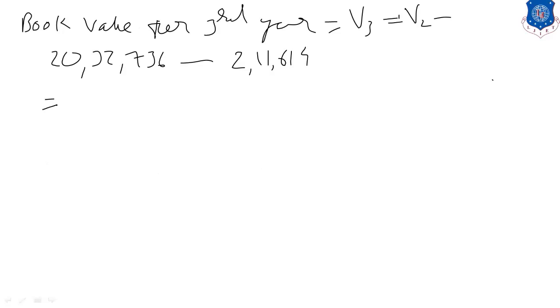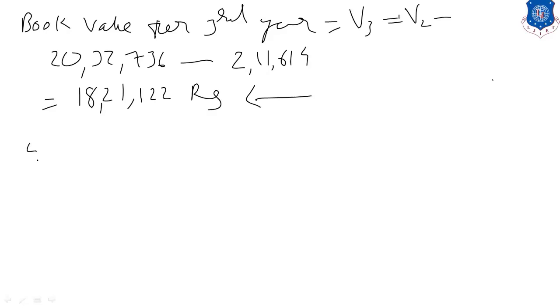So it makes the book value for the third year 18,21,122 rupees at the end of the third year. So the value of the distillation column at the end of the third year is 18,21,122.